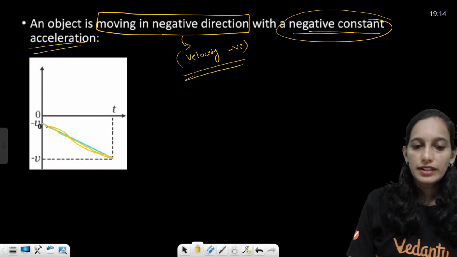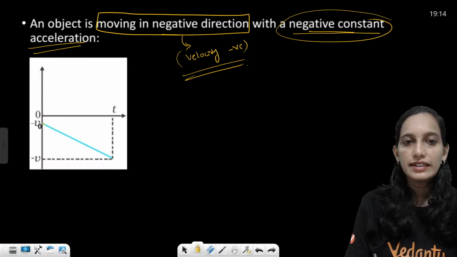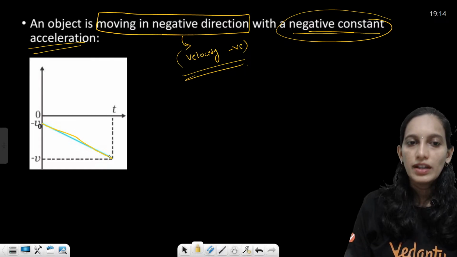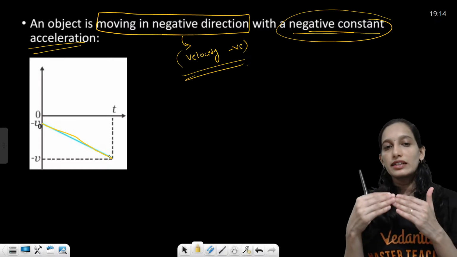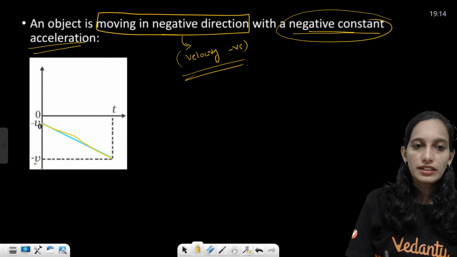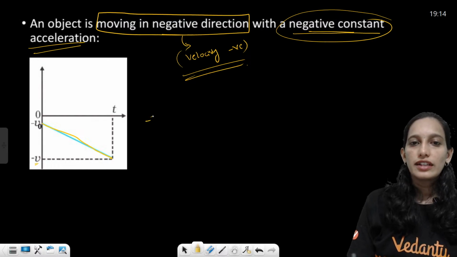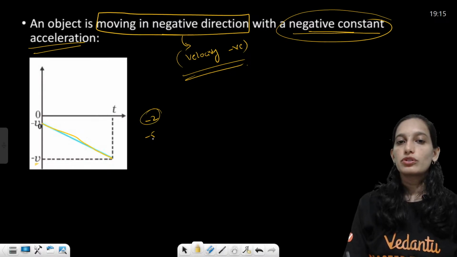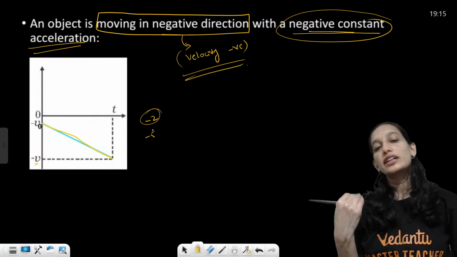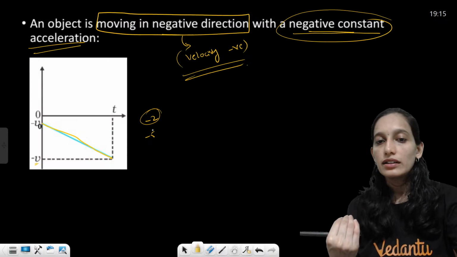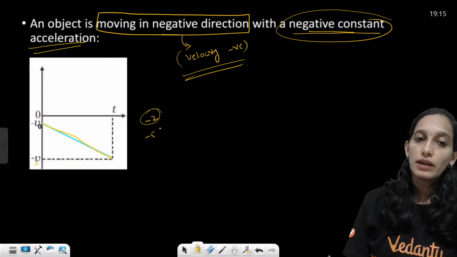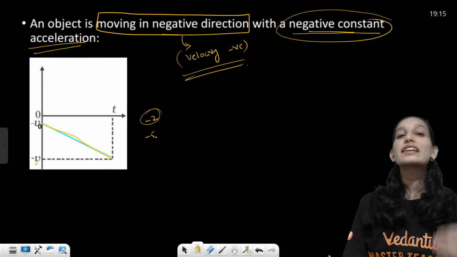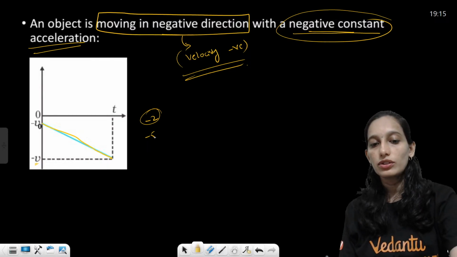In magnitude it seems bigger, but there is a minus. Like -2 and -5, which is bigger? -2 only, correct? If we ignore the sign, then we say 5 is greater than 2, but it is increasing in the negative direction. That's what I mean to say.